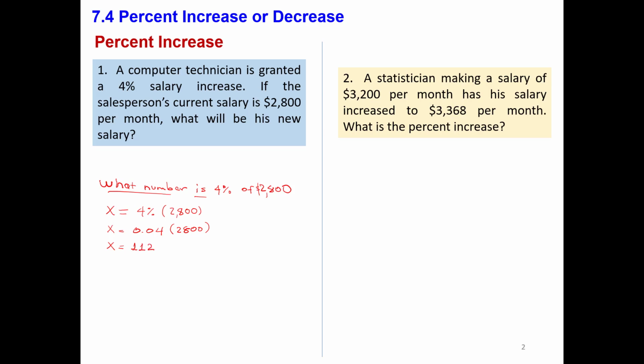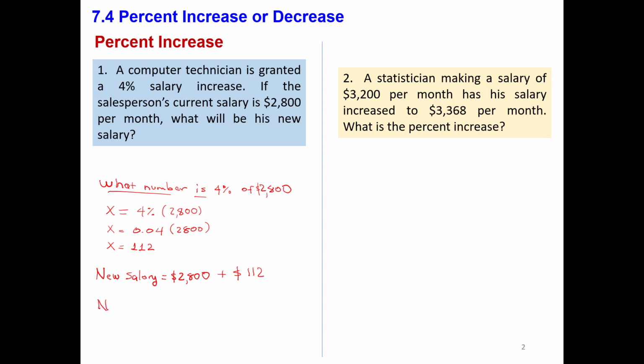Now we can calculate the new salary, because we know the 4% corresponds to 112. Then the new salary will be the current salary plus how much the salary increased, which was 112.